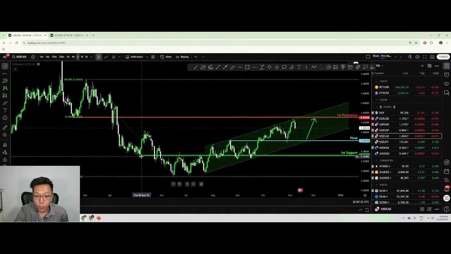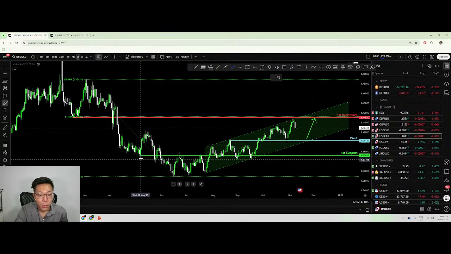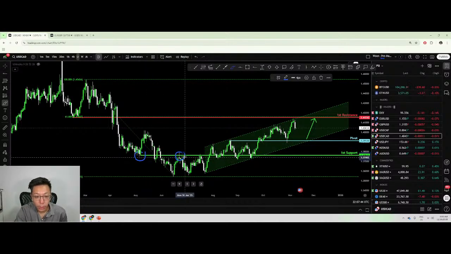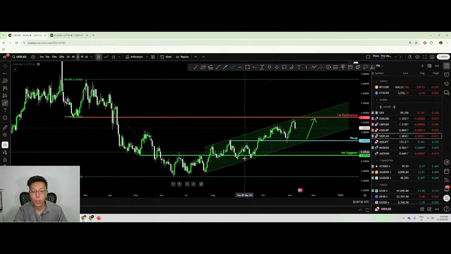Then the next thing that we want to look at is where is a common level for our first support. It is this level, because we have multiple touches over here, acting as a support, acting as a resistance. So we shall place this as our first support level.